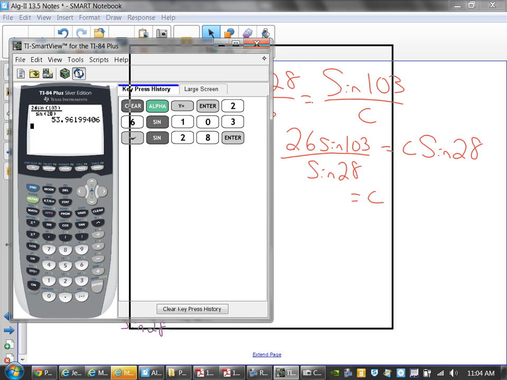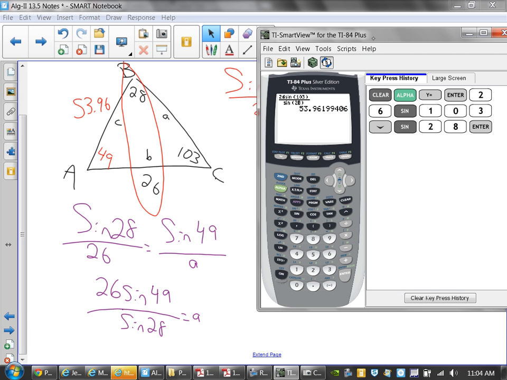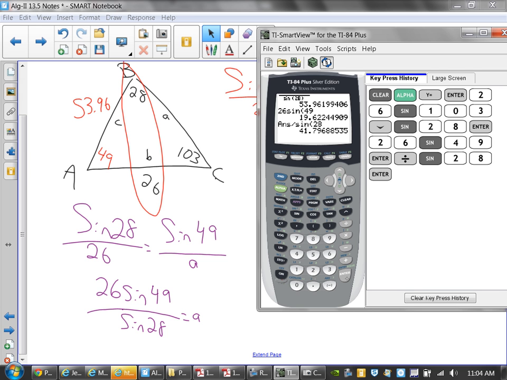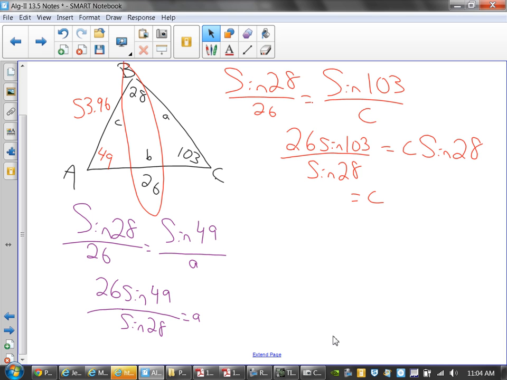If I'm not mistaken, like I said, this isn't anything new that you guys haven't done. It's .796, and that rounds up to .8 when I round it to 2 decimal places. Okay. And I'm done.